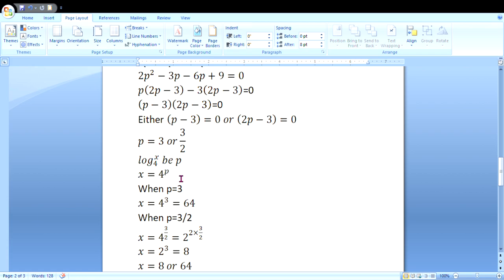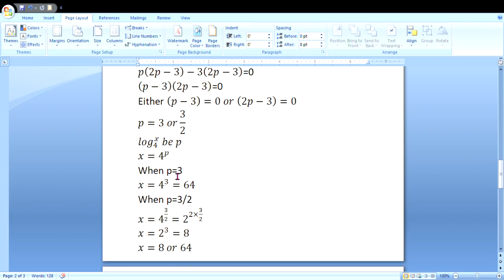From the definition, we can also say that x is equal to 4 raised to the power of p, because from the definition, the logarithm of a number is the power to which the base must be raised to give that number. So now for us to obtain our x, when p is equal to 3, x will be 4 raised to the power 3, that is 64.